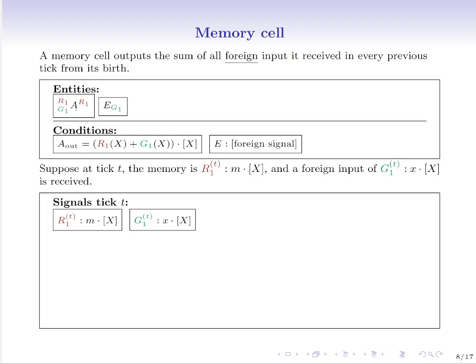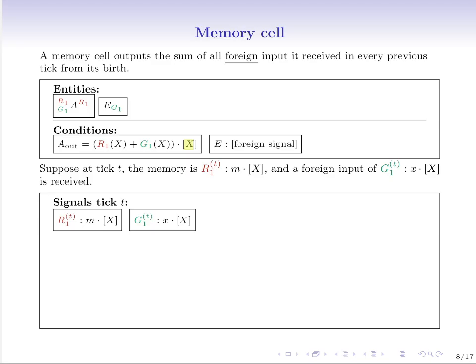The idea is that you have an arithmetic combinator A whose input is connected to its output, but you also connect this green input, which comes from some kind of outside entity E. So I'd say E is a foreign signal that could be pushed into this memory cell, and the red channel represents the memory, and the green channel represents the input. And I say the output is equal to the red plus green times this symbol X.